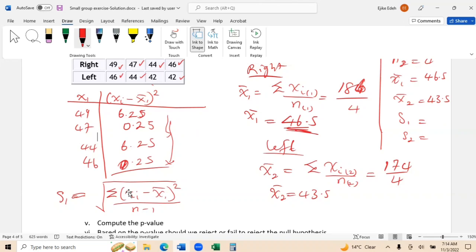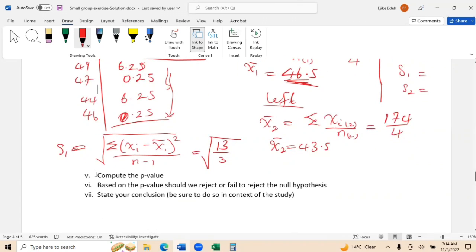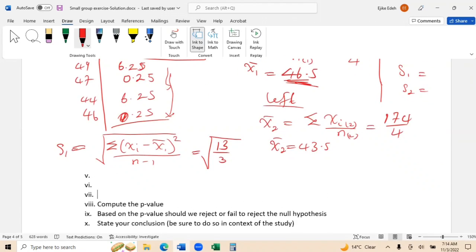So we have 13 as the numerator. This is like saying we should do 13 divided by n, which is 4 for this group, minus 1, which is 3. So we are looking for the square root of this, our standard deviation.